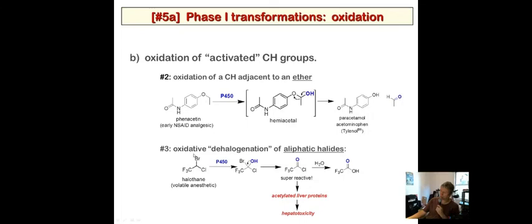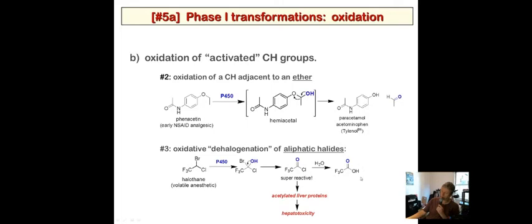And P450 will cause hydroxylation at the middle position. And then the hydroxy group can kick in and probably kick off the Br or maybe the Cl, to make trifluoroacetyl, either chloride or bromide. And these are super reactive electrophiles, and this can be hydrolyzed to make trifluoroacetic acid, which is kind of toxic.